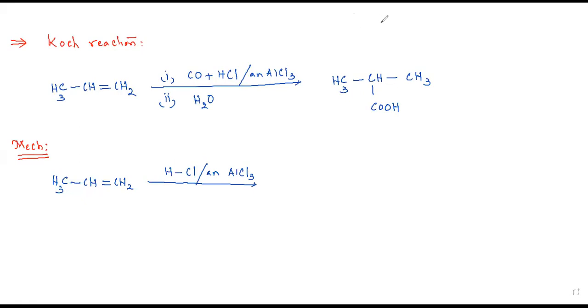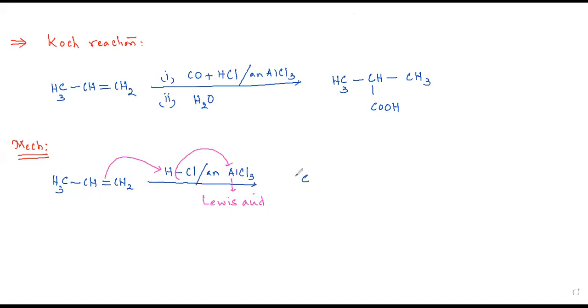As I told, the Lewis acids are generally meant for getting an electrophile. Across the multiple bond, if suppose H plus is added, of course, Cl minus goes along with the AlCl3, which is a Lewis acid, right? That means it goes out as AlCl4 minus.